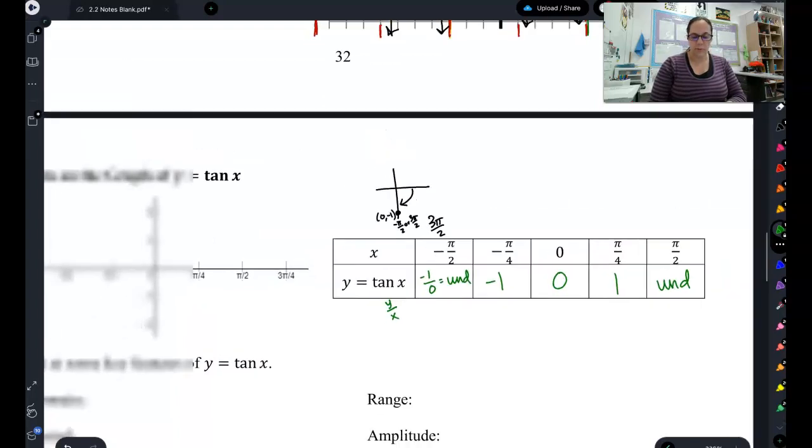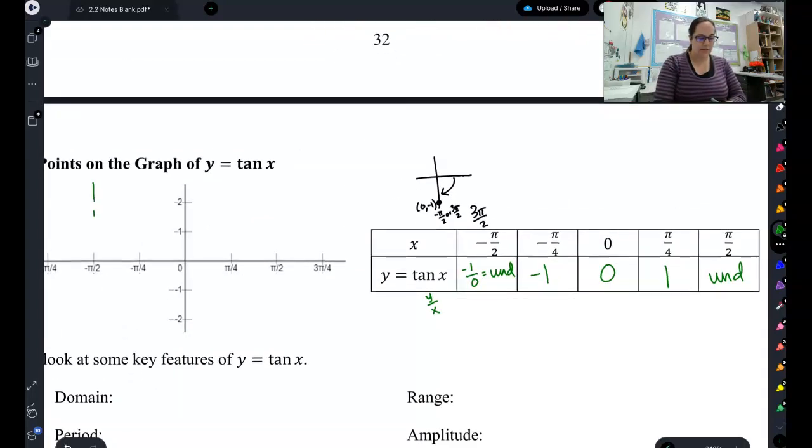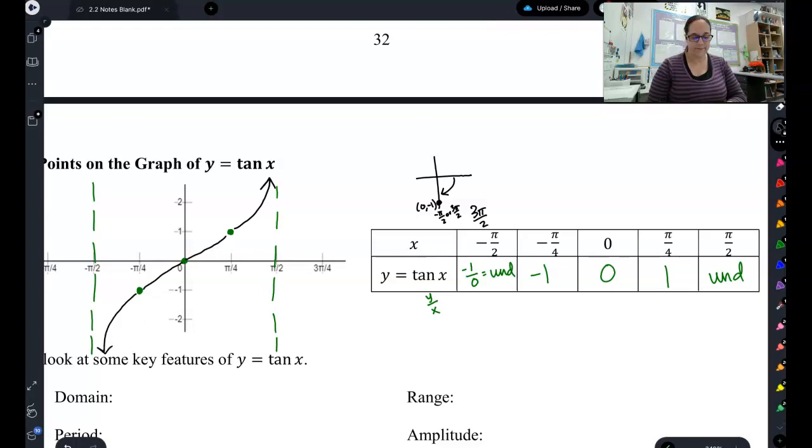So let's graph these points. At negative pi halves, I have undefined, which is an asymptote. At negative pi fourths, I have negative 1. 0, 0. Pi fourths, 1. And at pi halves, undefined, or an asymptote again. So this tangent graph actually looks like that.